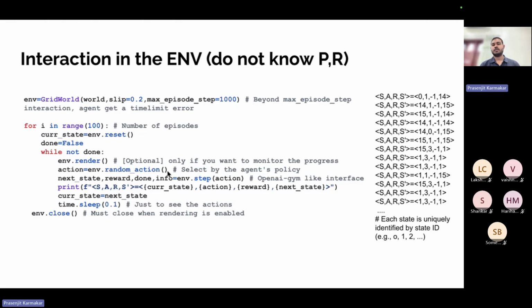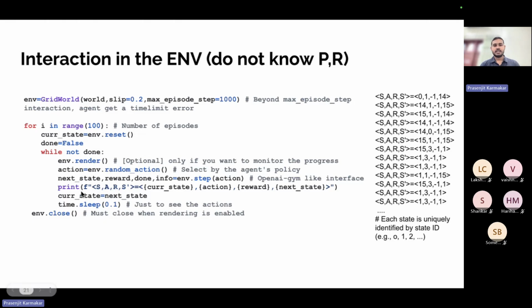And info gives you reasons why the environment ended. If the goal state is reached, it will say goal state reached. If it falls into, let's say, a hole state, then it will say the agent fell into a hole state and the environment ended. That information gets stored in the info variable.